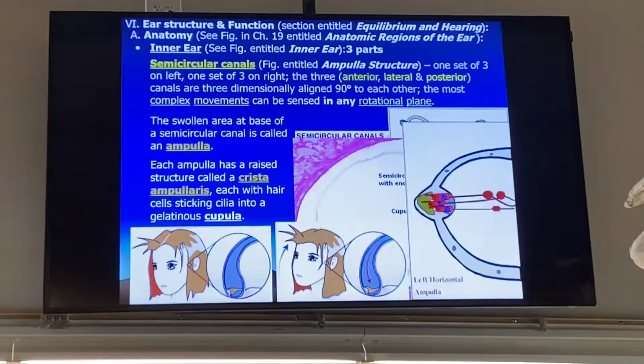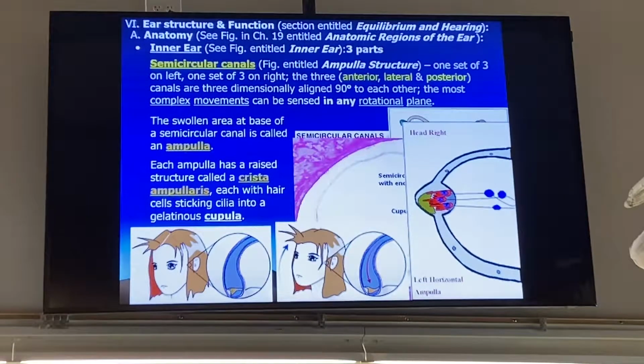If we're talking about the horizontal semicircular canal and I put a student in a stool and spin them, the same thing happens. I start spinning them, the endolymph lags behind, the cupula bends. It's giving your brain information that you're moving. Everybody got it?